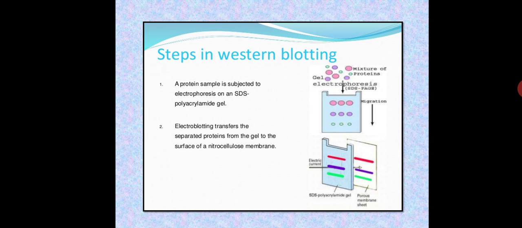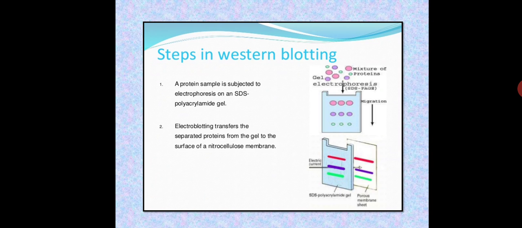Separation of the protein mixture from each other. The gel used here is acrylamide. Why? Because acrylamide molecules can attach with each other, make cross-linking and form a polymer.